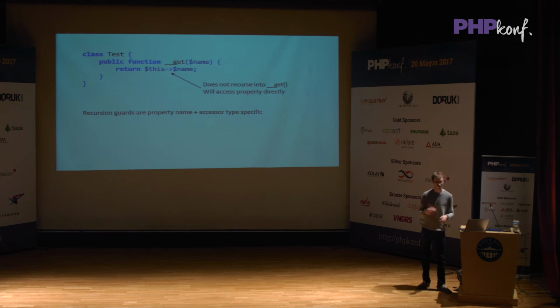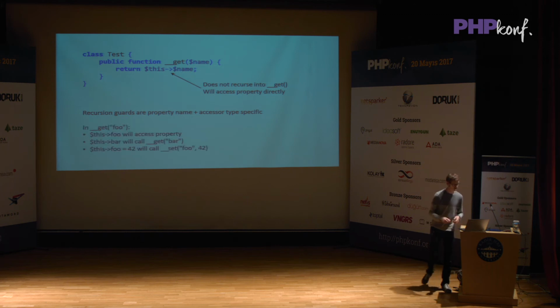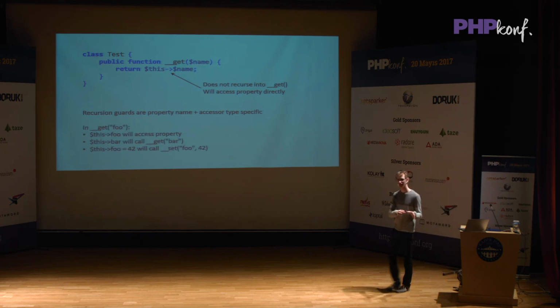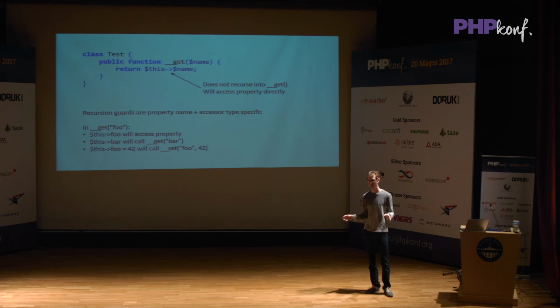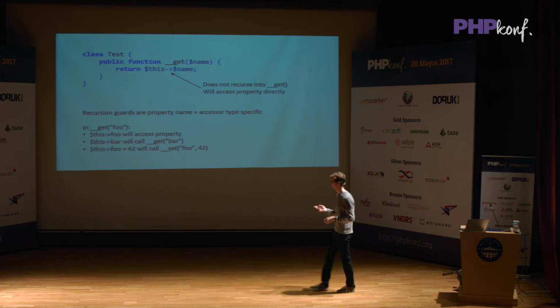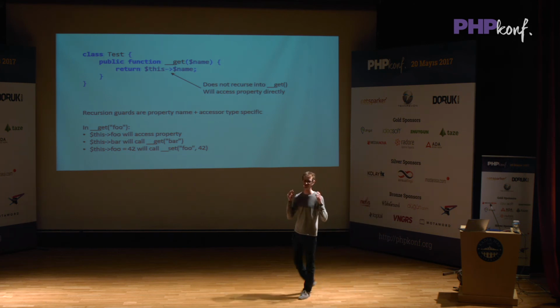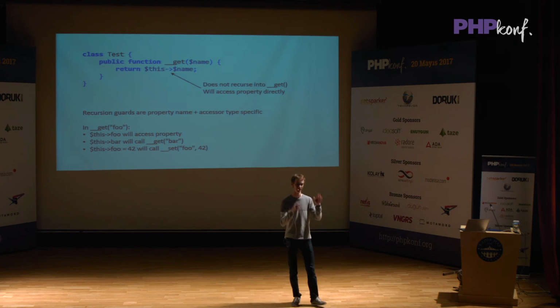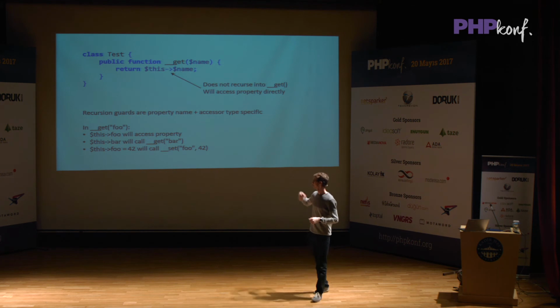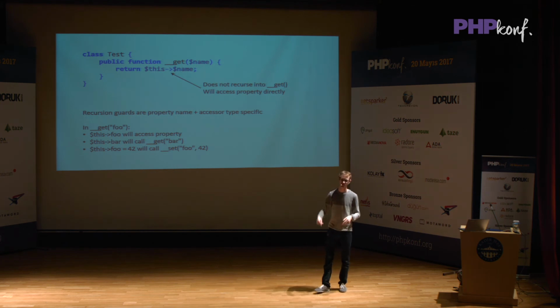The way we do that is using something called recursion guards. And these guards are specific to the property name and to the type of the access. For example, if we are currently accessing the property foo, so we are in the getter for foo, then accessing the property foo again will not call the getter.